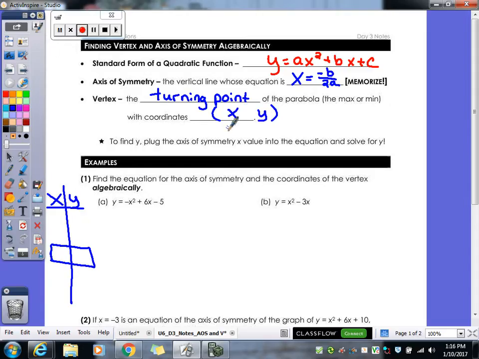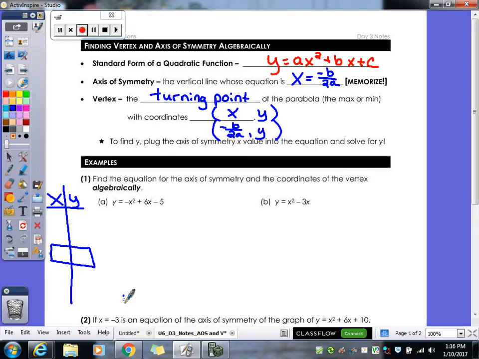So under here, I'm going to write negative b over 2a, comma y. The x, we plug in that negative b over 2a, whatever we get for x, plug it into our equation, and we'll be able to get the y part of our turning point. Okay? So it's really a two-step problem.